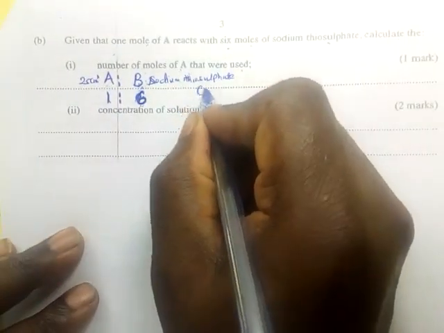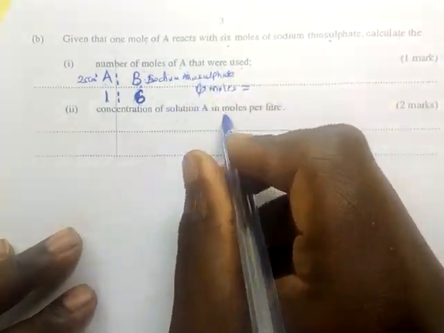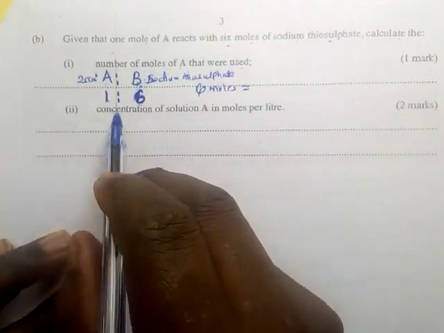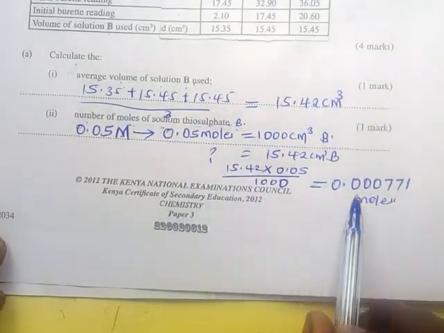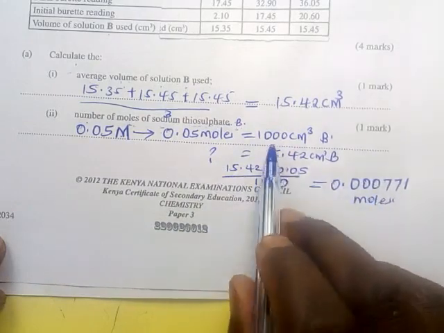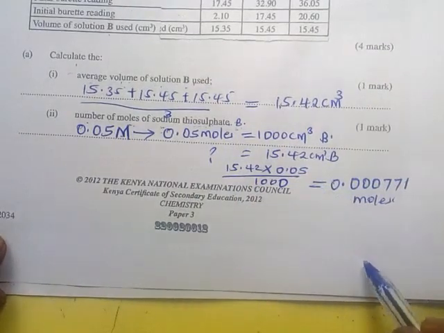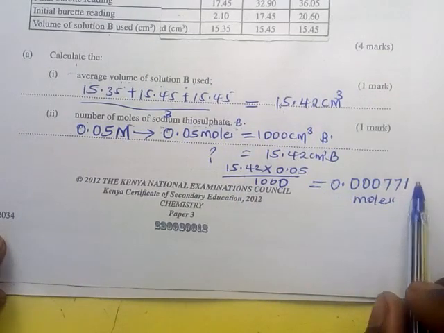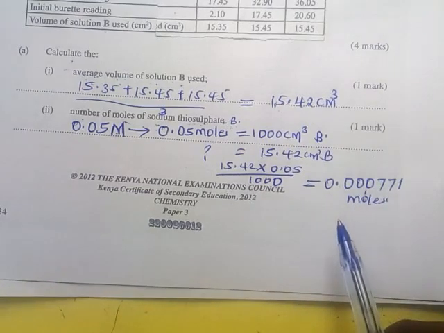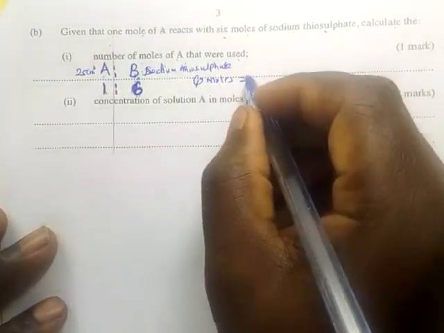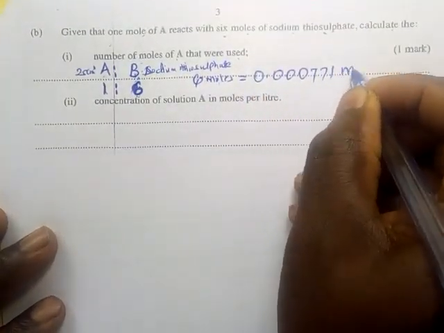So we will say that 6 moles equal to the moles we have calculated in our previous question, because this is the number of moles of sodium thiosulfate that was reacted with A. So the 6 moles we have been given is the same as this. So we will ask, what about 1? 6 equal to 0.000771 moles.